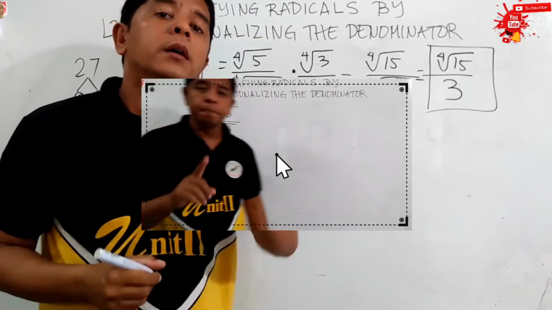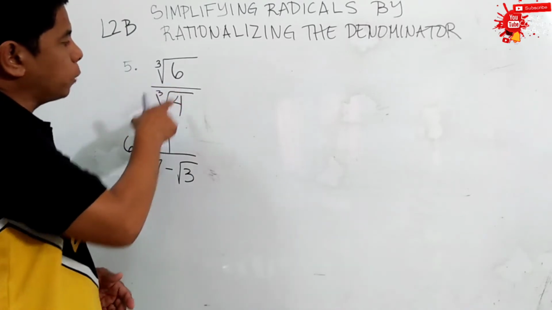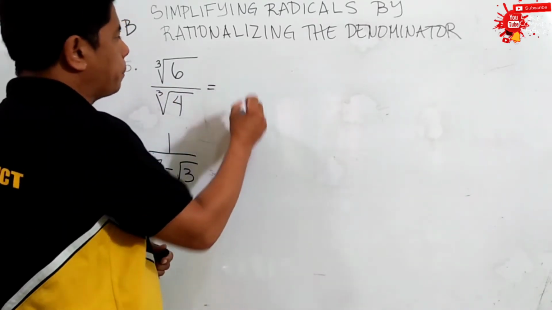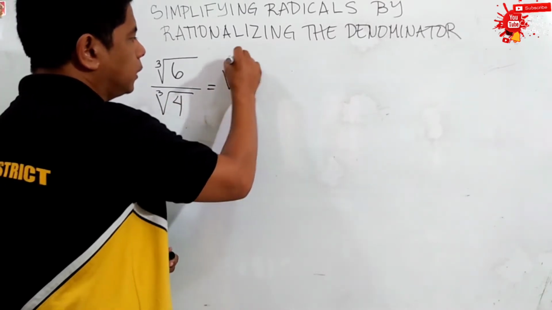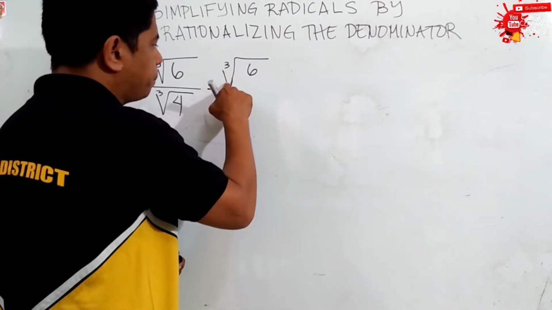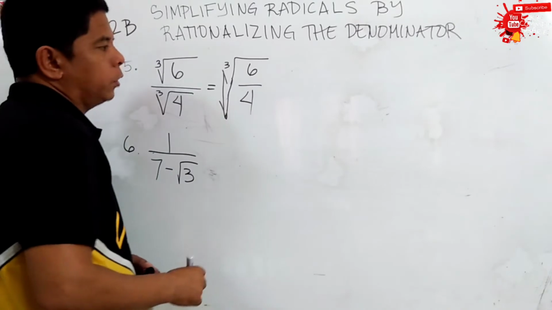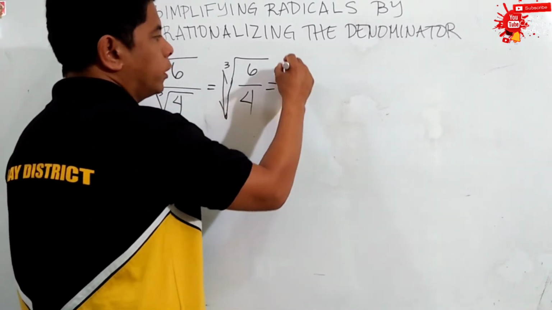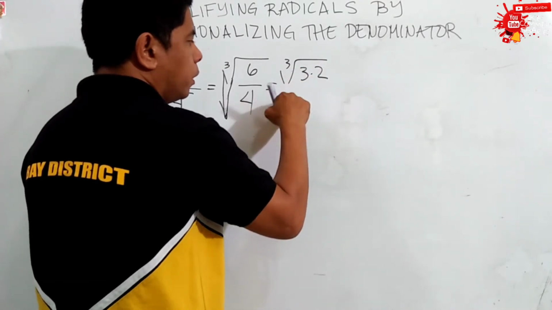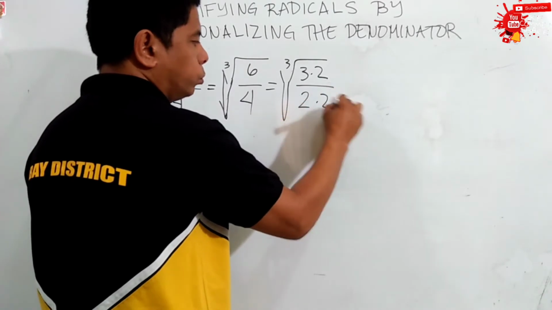Kuha mo? Gets mo? Example number 5. Cube root of 6 over cube root of 4. Okay? So, mapapansin natin na ang 6 and 4 ay meron siyang magiging same factor. Ang factor ng 6 ay 3 times 2, over, ang 4 ay 2 times 2.